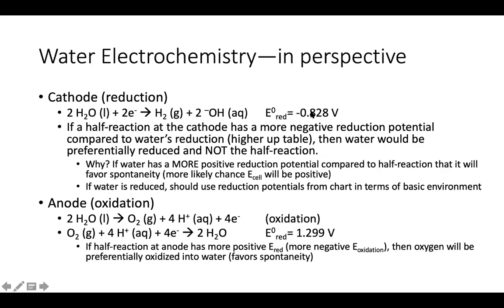Okay, and that's because, again, water's reduction potential would be more positive compared to the half reaction, which gives the overall cell a greater chance to have a positive E value and be spontaneous.